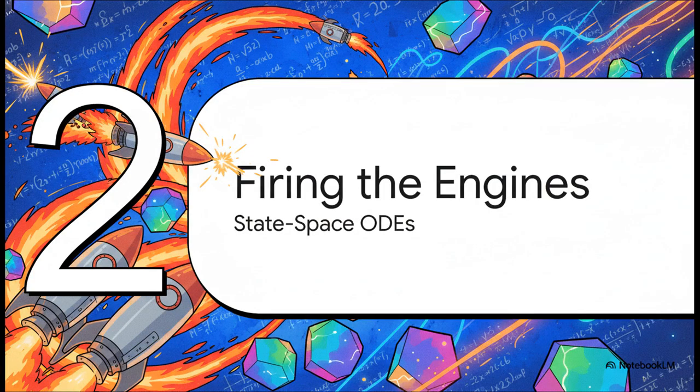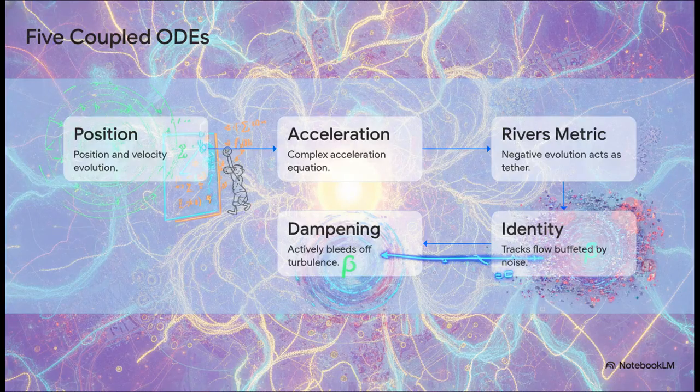Section 2. Firing the engines, the 5 state space ODEs. All right, we've got the dashboard, the constants are locked, now we hit the thrusters. We're managing 5 coupled ordinary differential equations, the massive mathematical engines tracking exactly how our vehicle changes over time. We have to balance all 5 simultaneously. Step 1 is straightforward. Position evolves based on velocity.